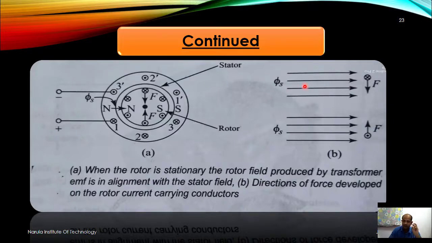So the torque is 0. We can also explain it this way: the upper part is carrying cross current.